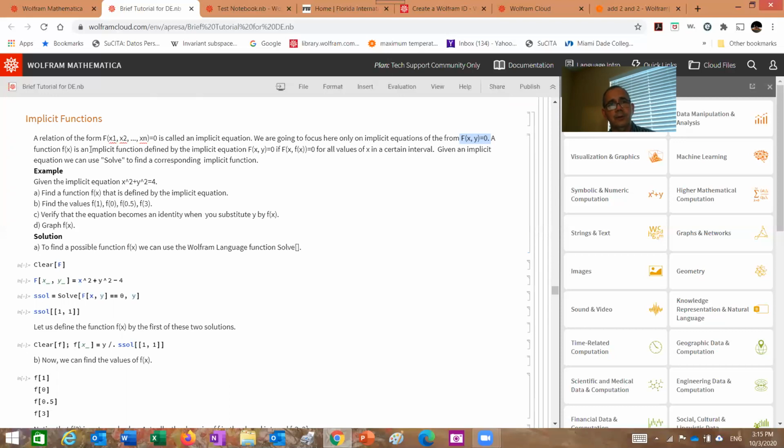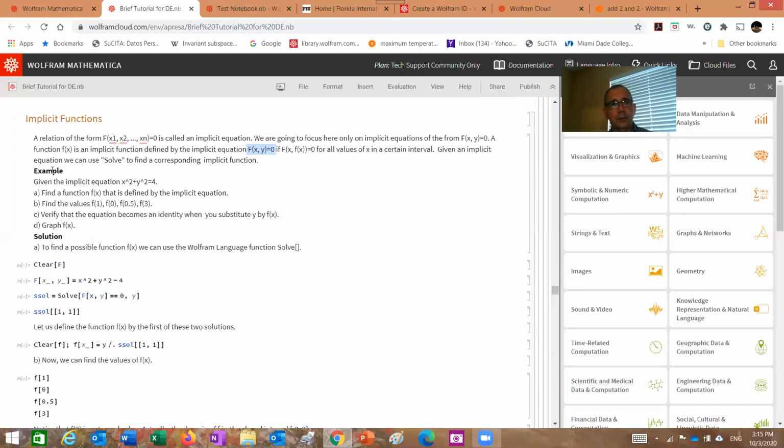A function f of x is an implicit function defined by this implicit equation if, when you replace the y by that expression, F of x comma small f of x is equal to 0 for all values of x in a certain interval.